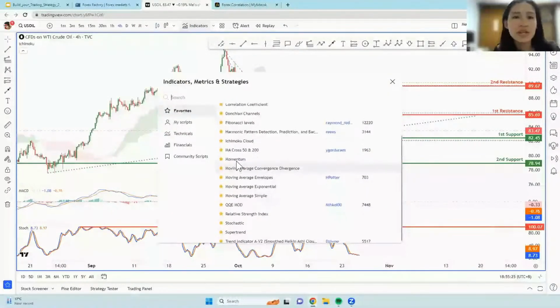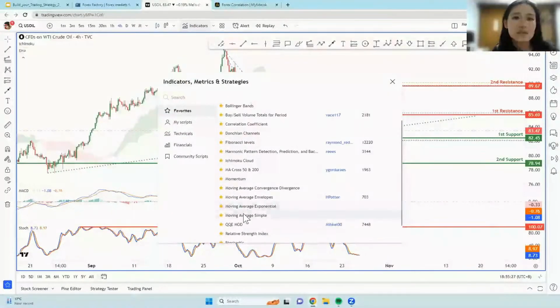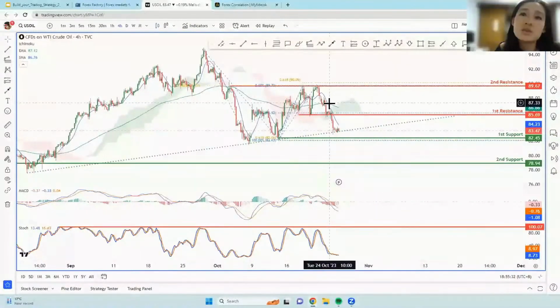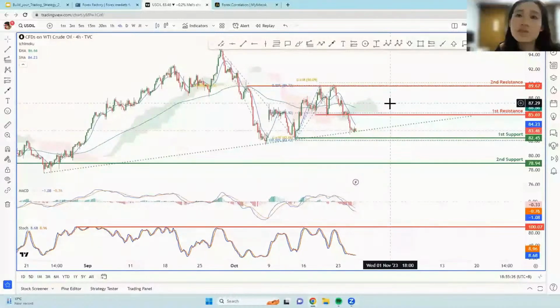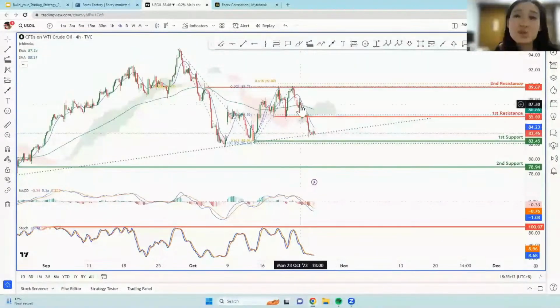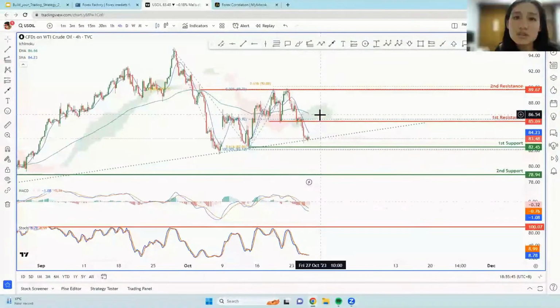Maybe we can look at another indicator. We see price crossing over each other. Price is moving below the EMA and SMA, so it's a bearish signal.